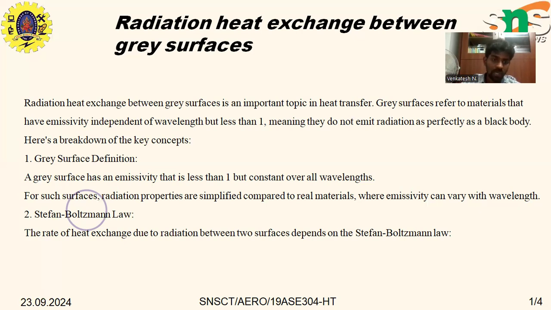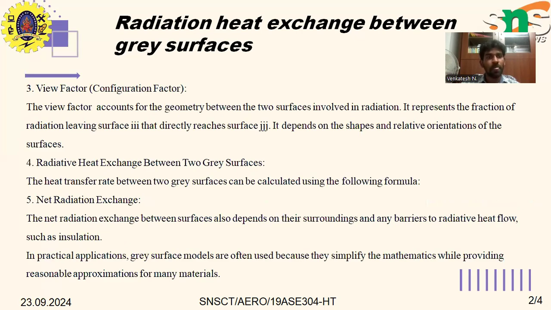Once again, let me revise the Stefan-Boltzmann law: the rate of heat exchange due to radiation between two surfaces depends on the Stefan-Boltzmann law and the view factor, which accounts for the geometry between the two surfaces involved in radiation. It represents the fraction of radiation leaving a surface that directly reaches the other surface.